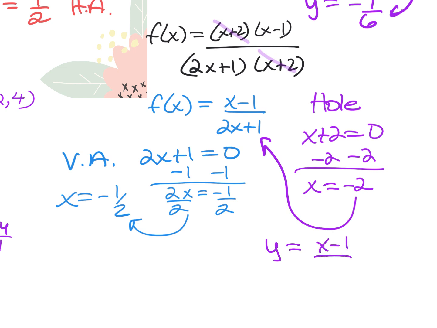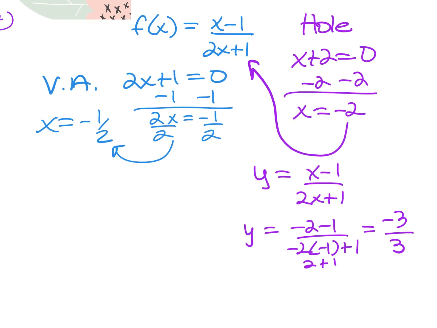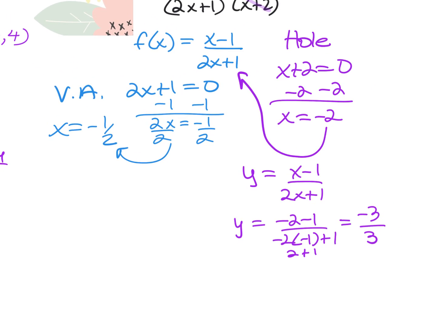So x minus 1 over 2x plus 1, plug in negative 2, follow PEMDAS. I messed up here, hold on.